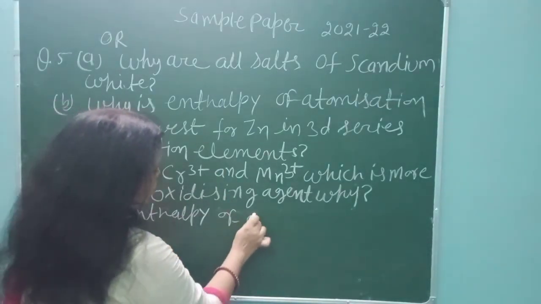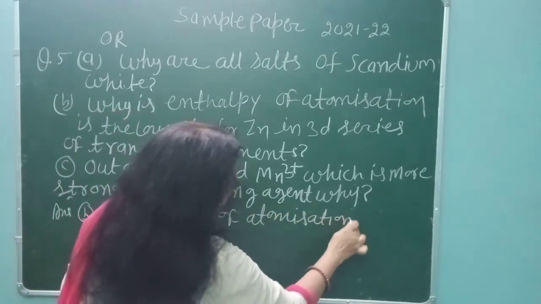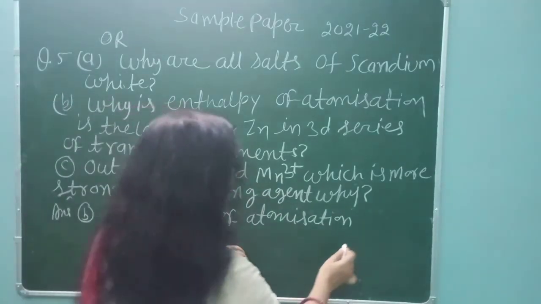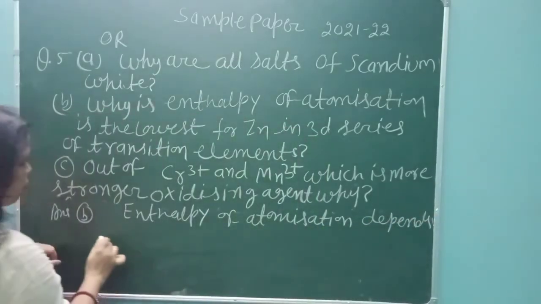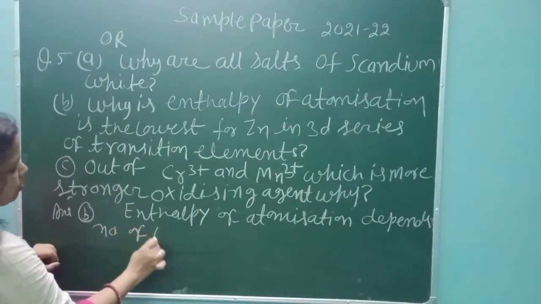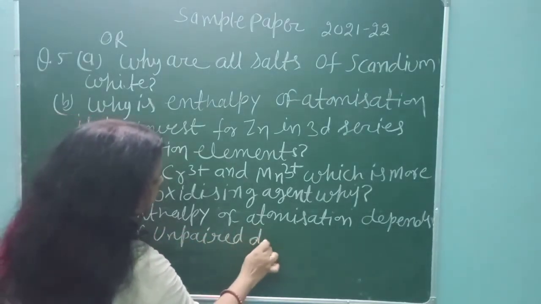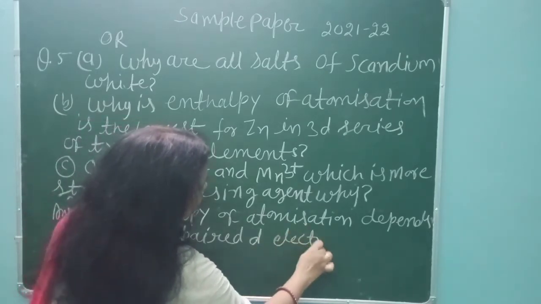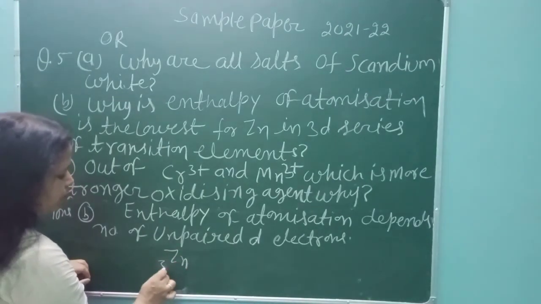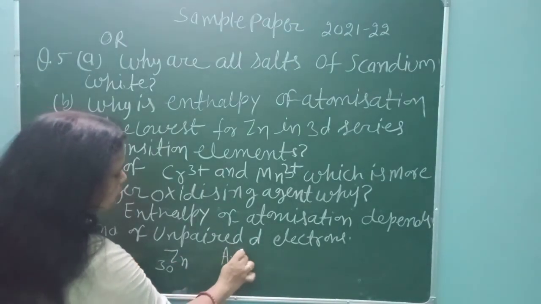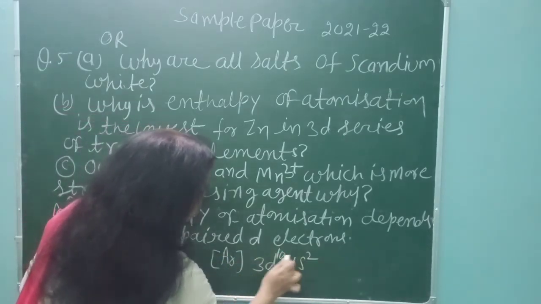Enthalpy of atomization depends on bonding and the number of electrons, which depends on the number of unpaired d electrons. So what is the zinc electronic configuration? We already discussed. Argon 3d10 4s2.